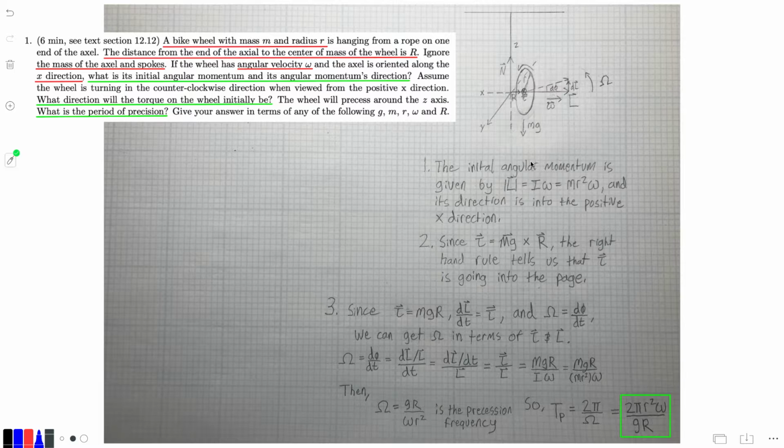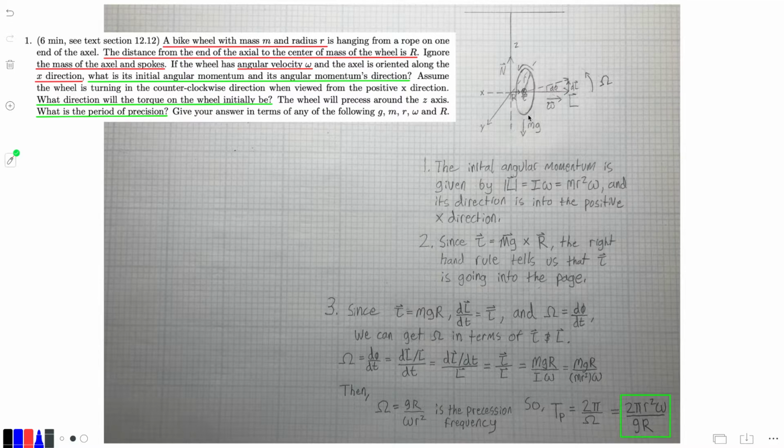So our initial angular momentum for this problem is going to be our L right here. And since L is given by the moment of inertia times the angular velocity, we can simplify this and say that mr squared, which is our moment of inertia for a hollow disk, times our angular velocity here is our initial angular momentum.